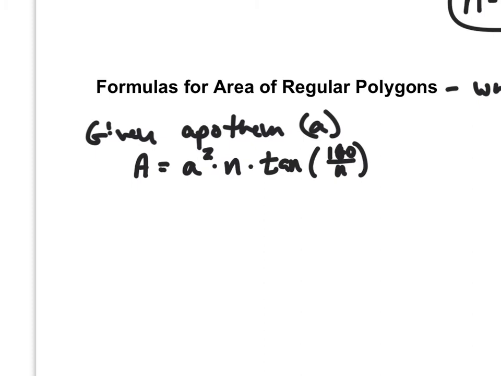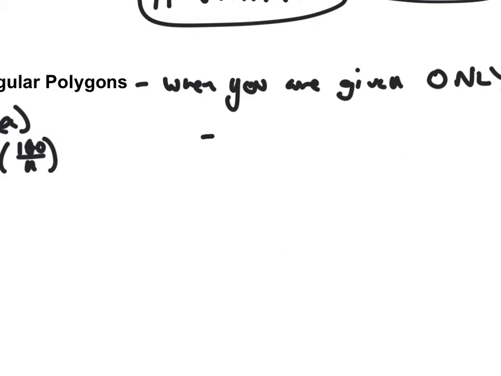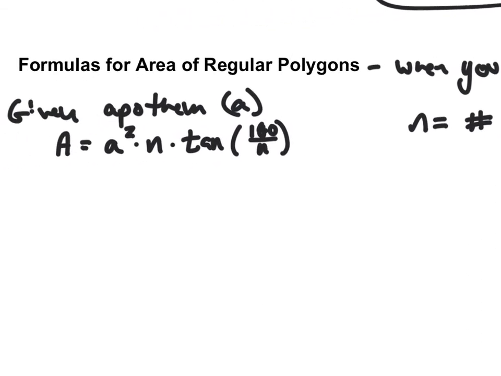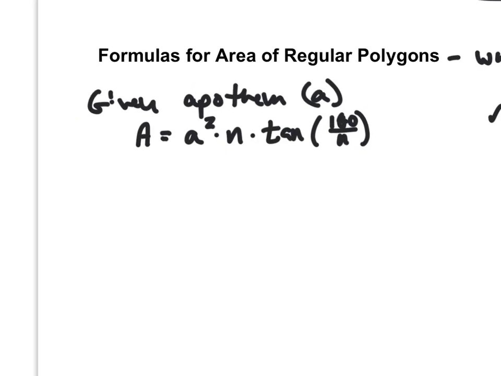Now when I'm talking about n, where you're given only one length, n is equal to the number of sides. That's something we can figure out. If you're just given a picture and you know what kind of figure it is, then you know what n is.